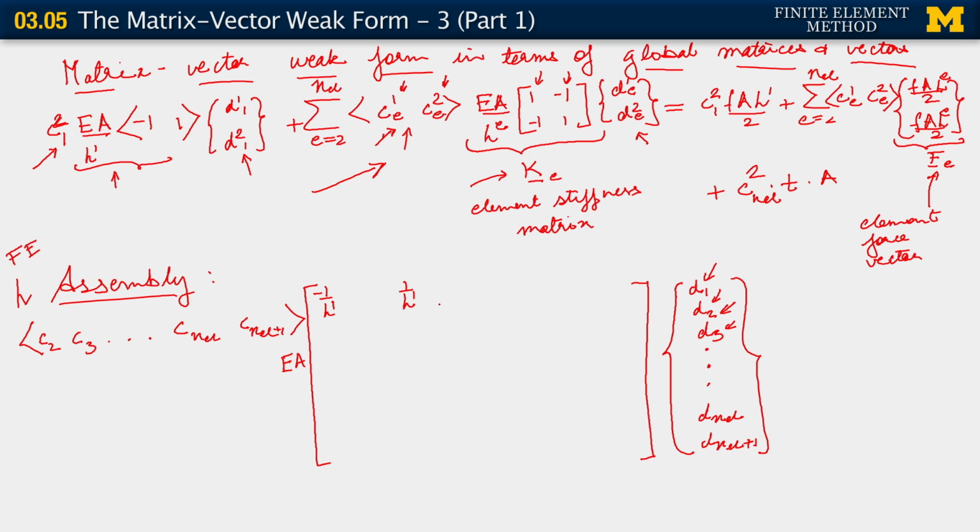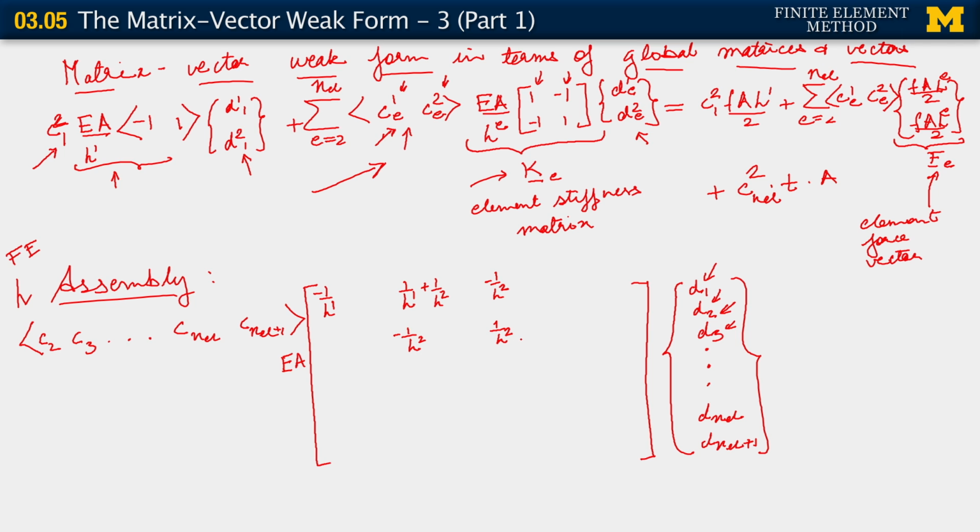So we have 1 over H1 here, and we get a contribution of the form 1 over H2. Over in the next column we get minus 1 over H2. In row 2, column 2, we get 1 over H2 with a minus sign, and row 2, column 3, we get 1 over H2.